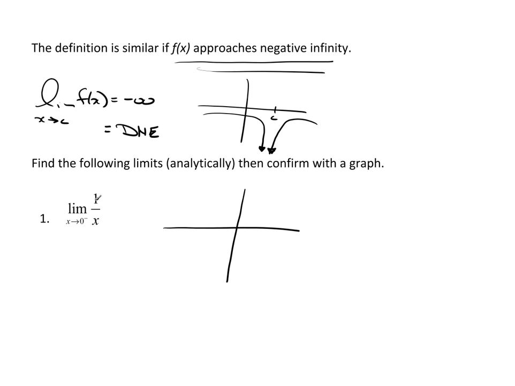But the numerator is positive. That means this is going to be negative. Now what's happening as x gets closer and closer to 0, the denominator is really, really, really small. So 1 divided by something really, really small is going to be something really, really big. So I know this is getting big, but x is negative, so this is going to be big negative. So it's going to be doing this.